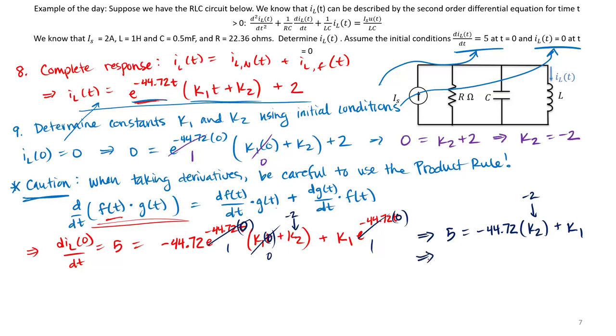So if we solve for k1, we can determine k1 is just going to be equal to 5 plus 44.72 times negative 2. So k1 is equal to negative 84.44.